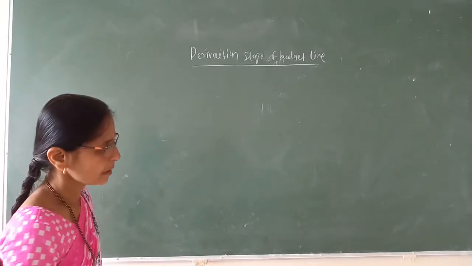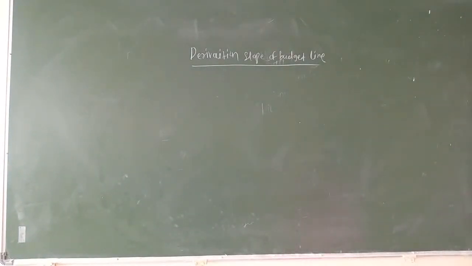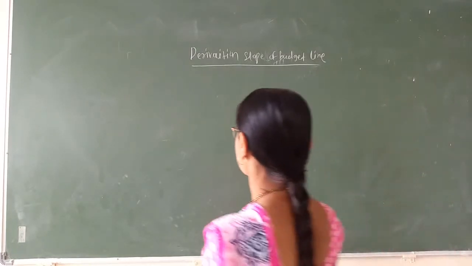Derivation of the slope of the budget line. Students, the slope of the budget line, we will explain it with the help of the diagram. All of you know the budget line measures the amount of change in mangoes required per unit change in the banana along the budget line.